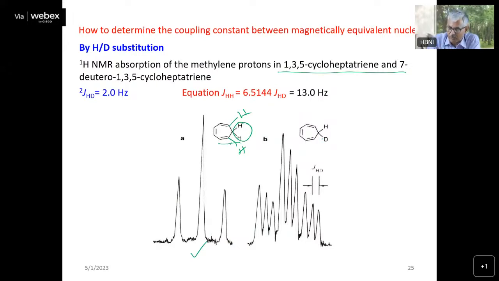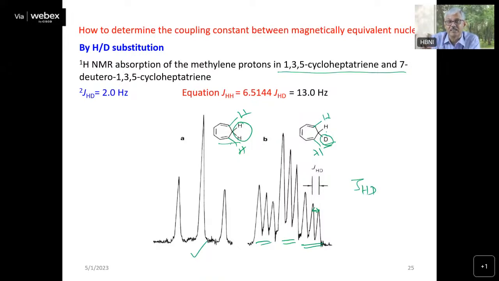But if you replace one of them with a deuterium, now you will see that these two hydrogens will make a triplet, but then there will be a coupling from the deuterium. Deuterium is not the same, and deuterium has spin equal to 1. Each line will split into 3 lines, and the separation between these lines is nothing but the JHD.